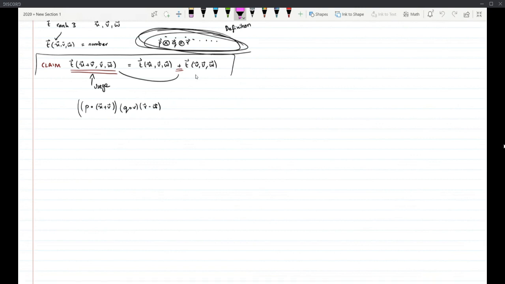This linearity of the dot product means that you get this plus this. I'll leave this as an exercise to you. Just take this down if you like. This is my claim. I think the proof shouldn't be more than one line, but you can do this at home.